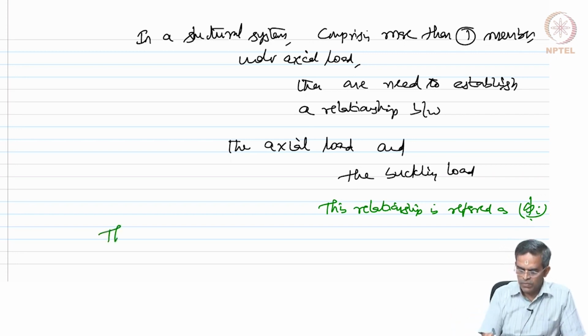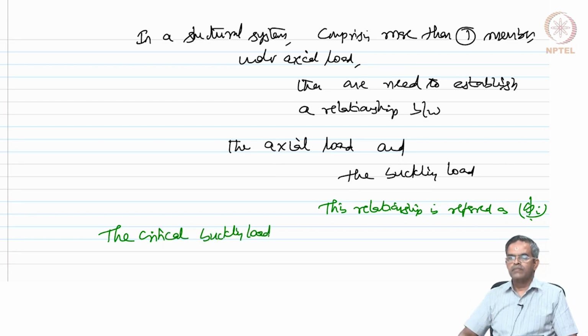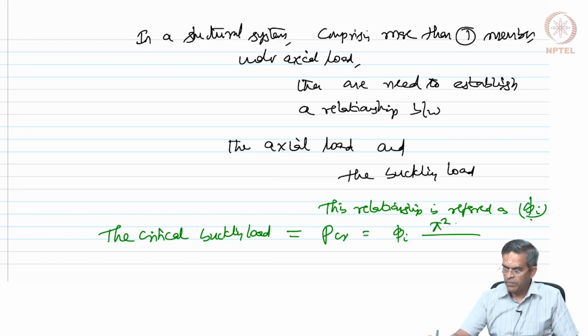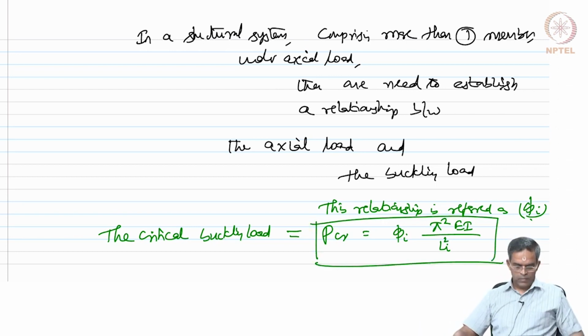Therefore, the critical buckling load can be given by the relationship PCR is phi I of pi square EI by LI square. Okay.